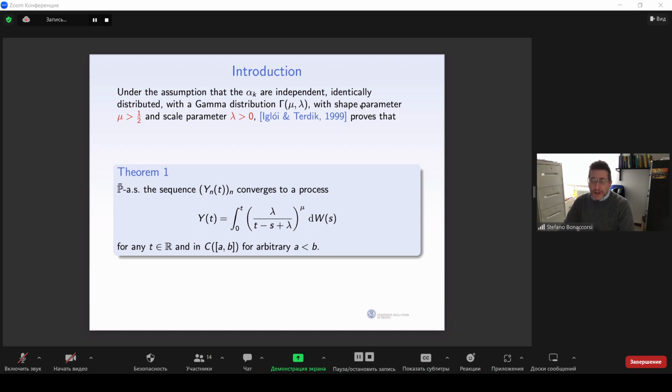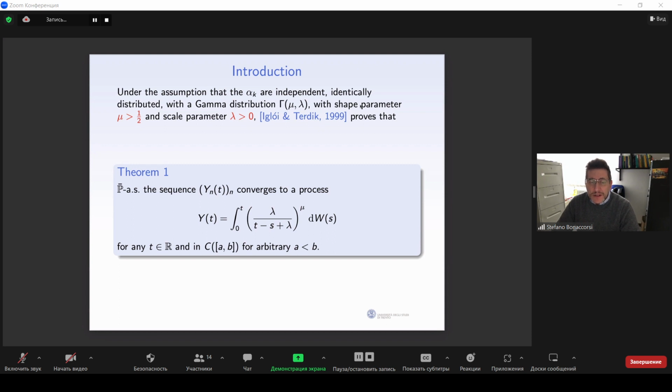So, as you can imagine, the Brownian motion W is not affected by the operation of taking the partial sums because it's constant with respect to k. And what you are doing is to take an average with respect to the alpha_k, which are instead exactly given in this space omega bar.